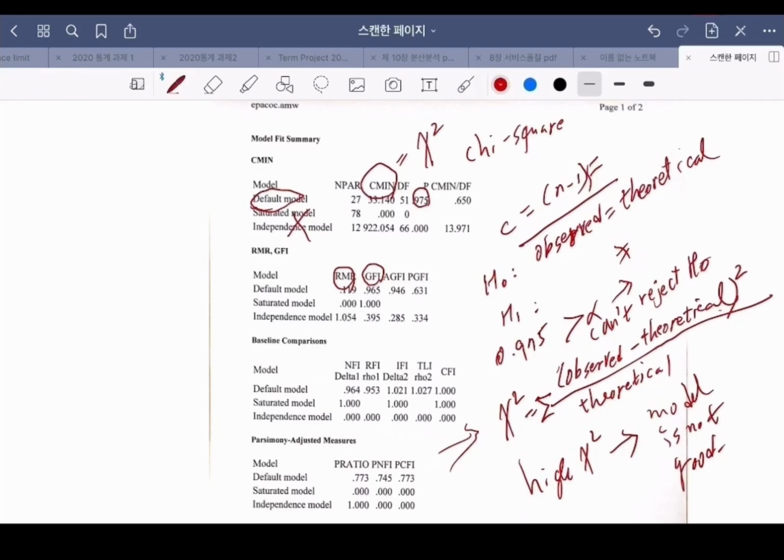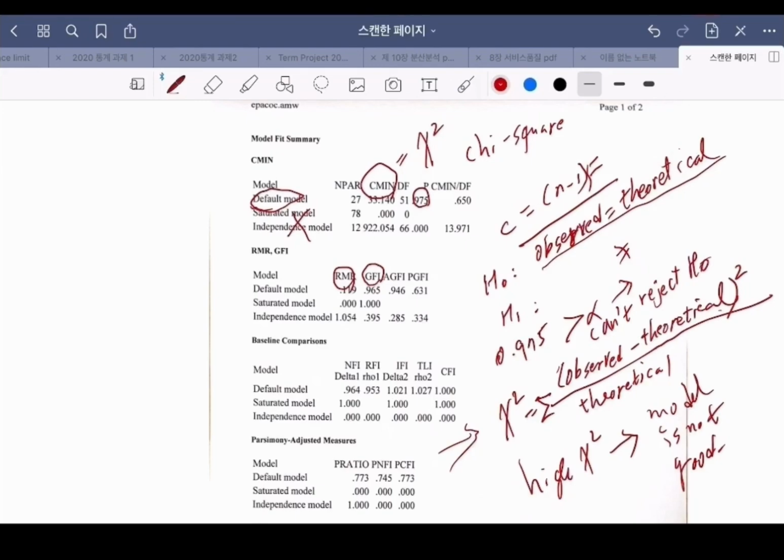And in terms of the p-value, if the p-value is less than alpha, then you reject the null hypothesis. That's bad news, because in the null hypothesis the observed matrix is equal to theoretical, and you don't want to reject this. So a high p-value is good news, because you cannot reject the null hypothesis. So that's the C mean.